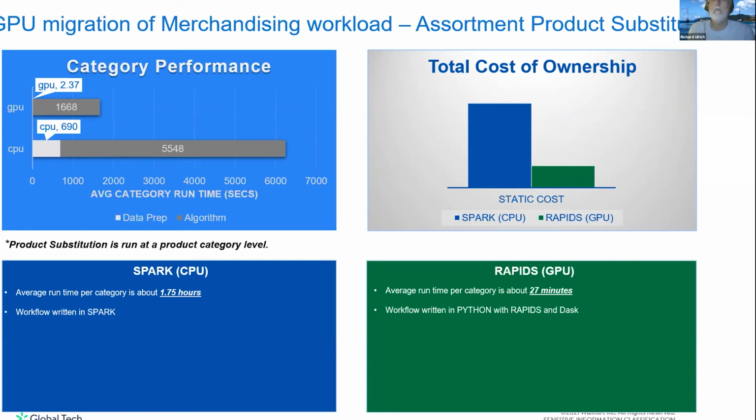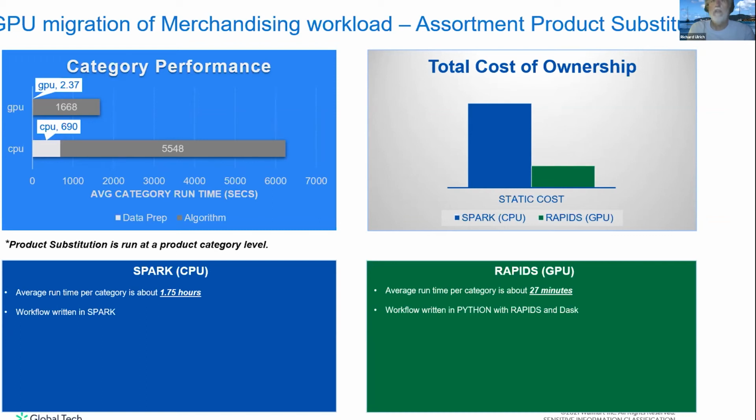And again, we saw the same type of benefit, where we took almost a 2-hour run down to about 27 minutes. Now this is on average. We have some very large categories, some small categories, but on average this is what it does. And it allows us to run substantially faster and lowers the cost of ownership.